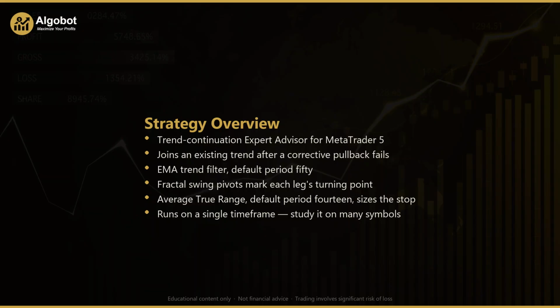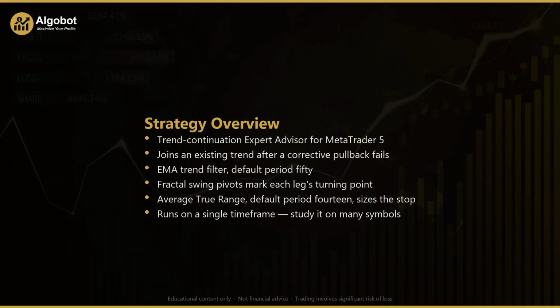First, an exponential moving average, with a default period of 50, acts as the trend filter. The strategy only considers long setups when price is above a rising average, and short setups when price is below a falling average. Second, fractal swing pivots mark the turning points of each leg. A swing high marks the top of an impulse move up, and a swing low marks the bottom of an impulse move down.